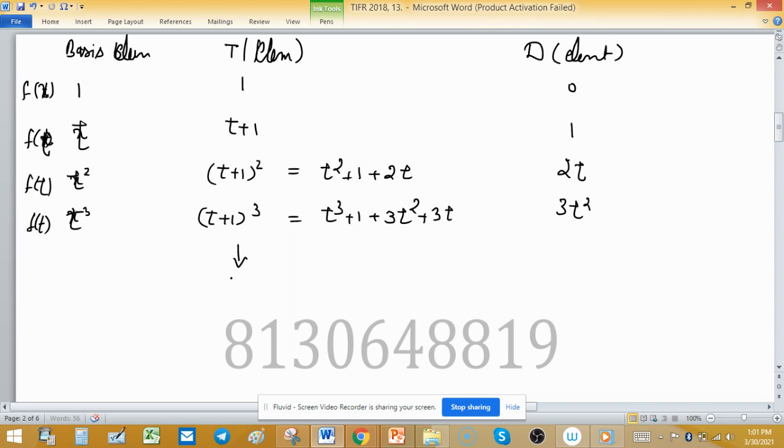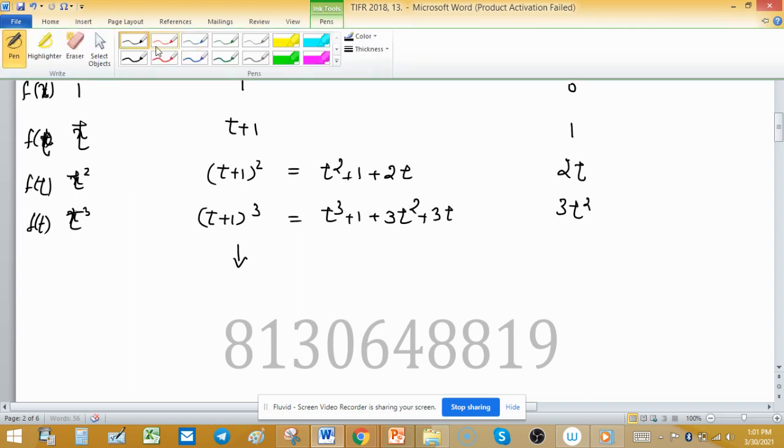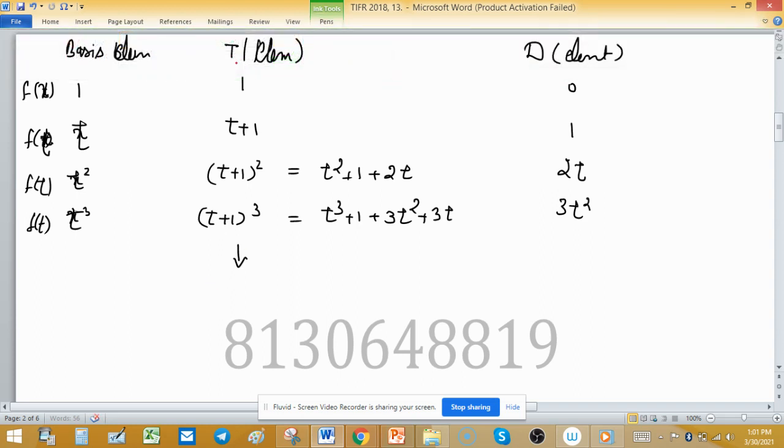From this, the matrix representation will be: write the image as a linear combination of basis elements, like 1 times 1 plus 0 times x plus 0 times x square plus 0 times x cube.